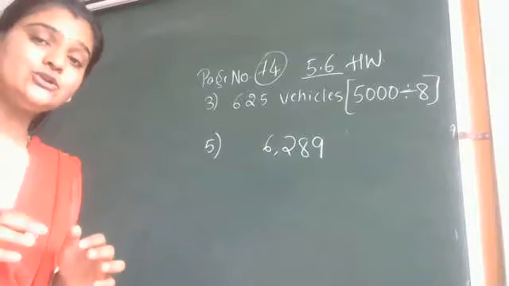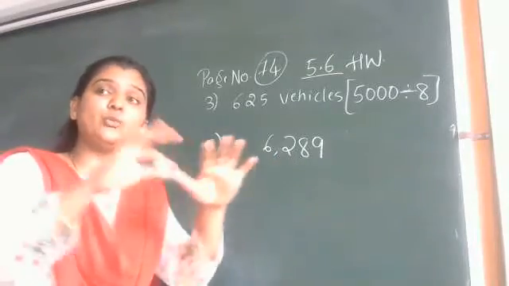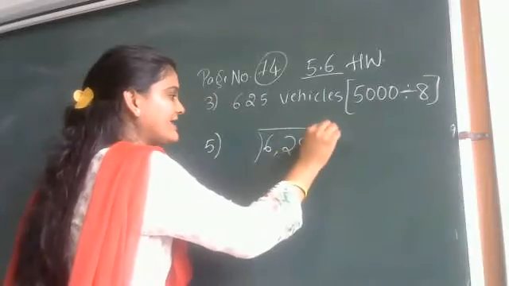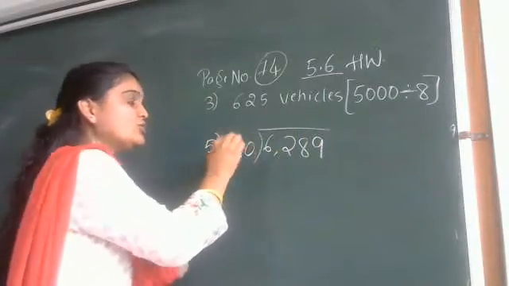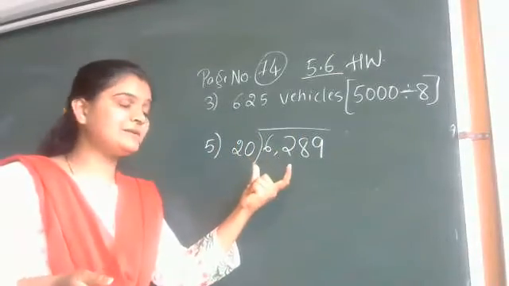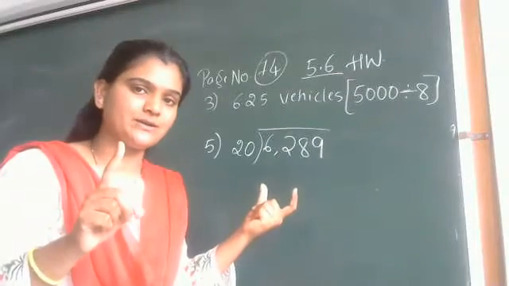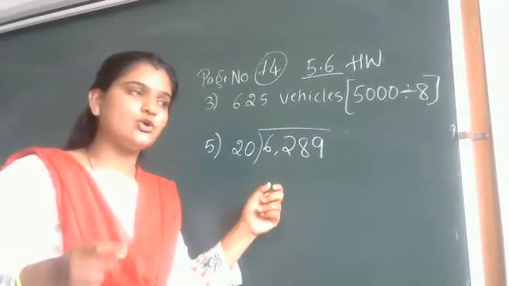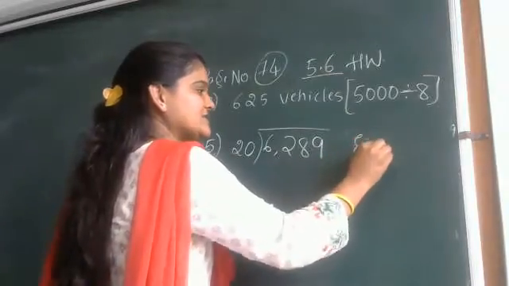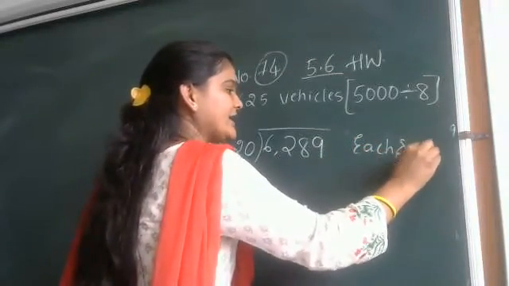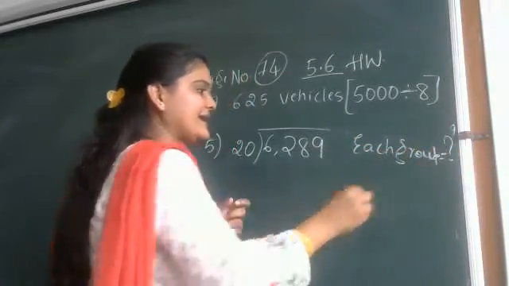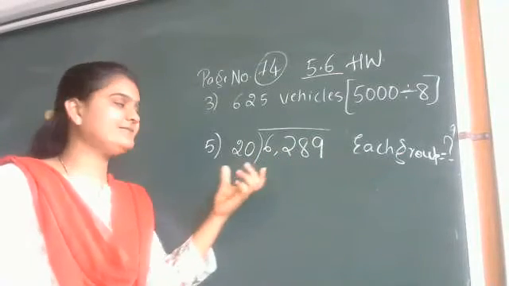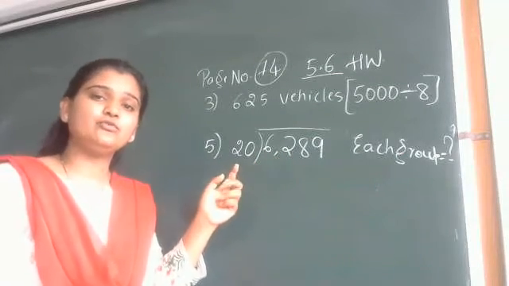Okay, they had to divide these many people in 20 groups. Okay, so what will we do now? We have to divide by 20 to find out how many people were there in each group. Is it clear? Is the method correct or no? To calculate for each group how many people were there, we will have to divide total divided by how many number of groups.